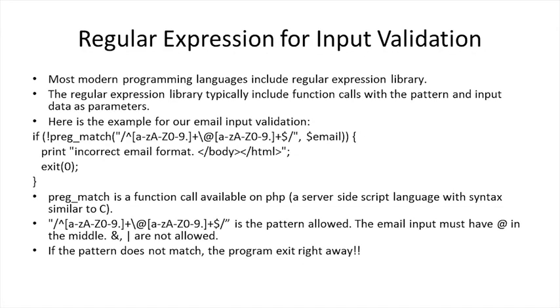The first character is the caret, and the last character is the $ sign. These are called space delimiters, used to identify the beginning and ending of the string. So we try to indicate to the system we are matching the whole string, not just a subset of it. And therefore, it tries to match the whole string input data without letting go any malicious code which is outside of the pattern.